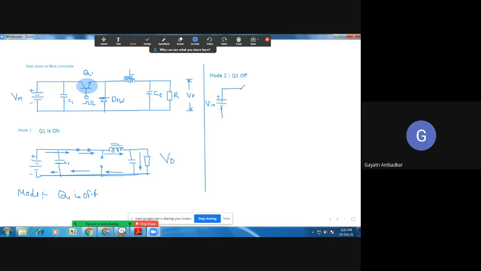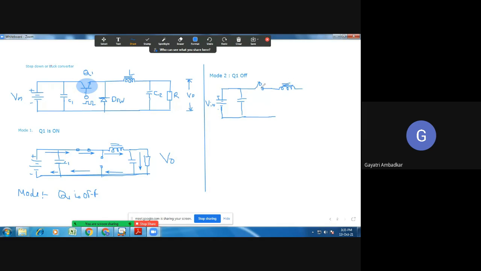But now the switch is off, so it will act like an open switch, and there is an inductor. Now you see the supply is disconnected, right?